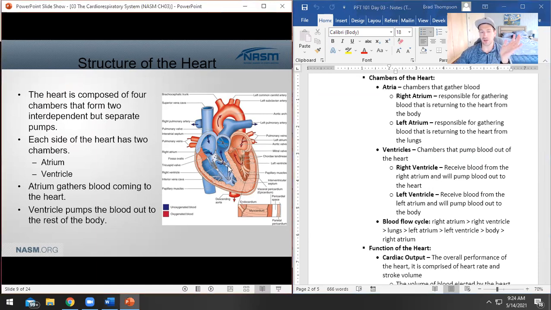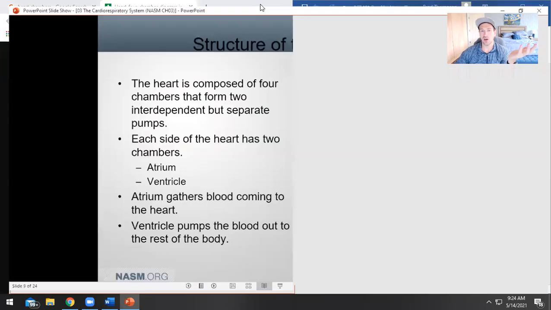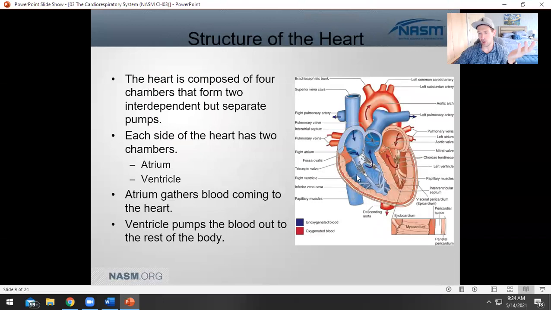Because this is deoxygenated blood, we want to get it to the lungs so it can pick up some more oxygen. When it pumps out, all that blood goes rushing up this tube, and half of it will travel to the left and half to the right. It'll go to each of your lungs individually, right?